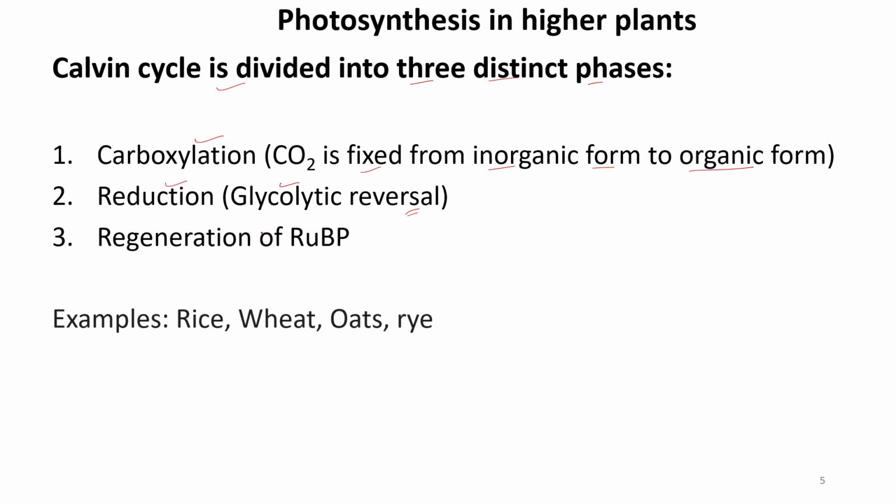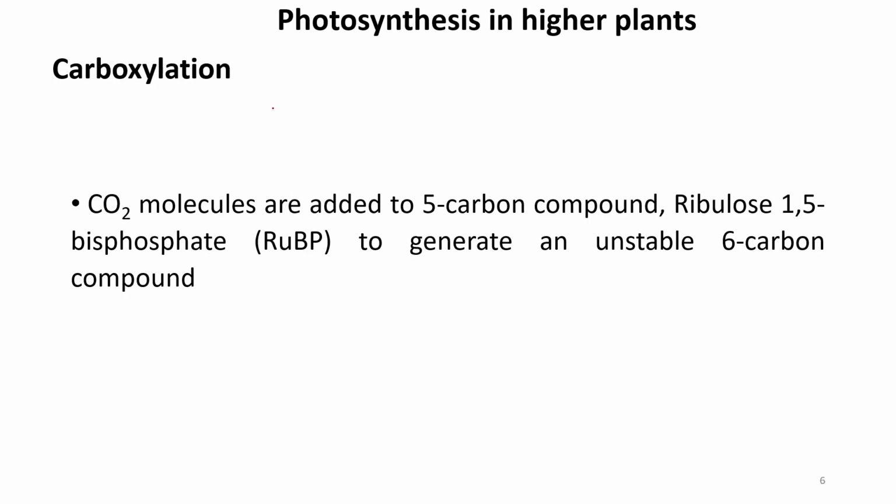Third is the regeneration phase, where ribulose 1,5-bisphosphate is regenerated, which ensures the continuation of the cycle. Examples of plants where the C3 cycle takes place are rice, wheat, oats and rye.